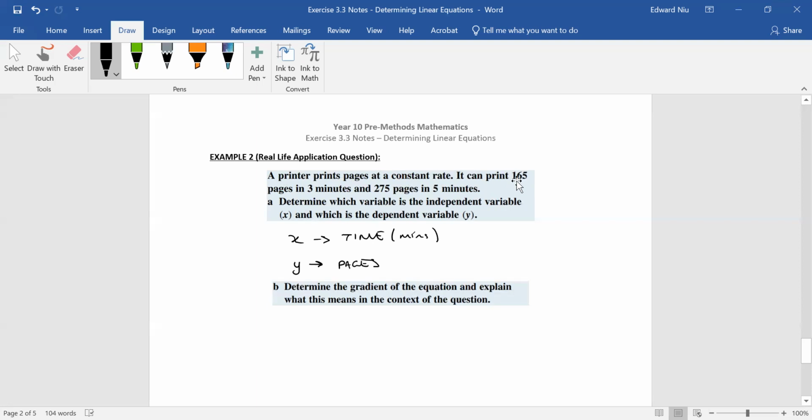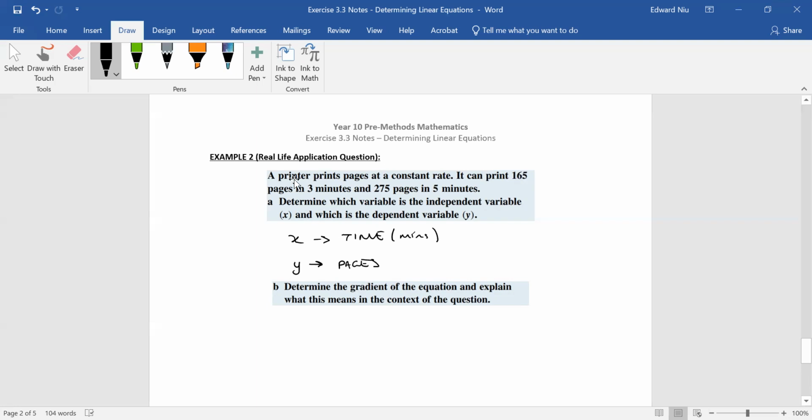Because we want to find the rate of change per minute. If we find the rate of change per minute, that's going to be our gradient, because our gradient, M, is always the rate of change. So 275 take away 165 gets us 110.